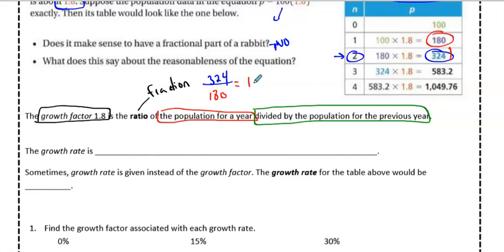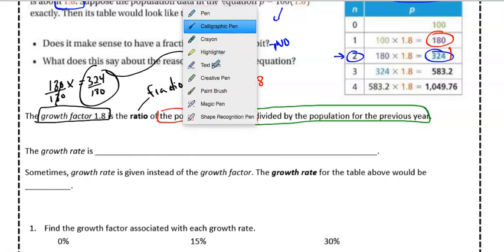And that's about 1.8. I showed you in the last video how to do that with an equation: 180 times x equals 324, divided by 180 on both sides, and voila, you get the same exact fraction or ratio.